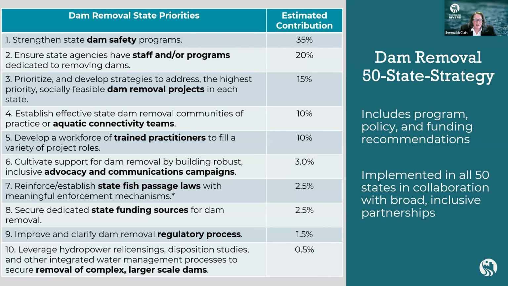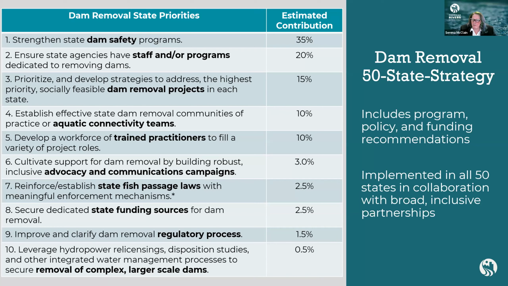And what we've seen over time, through the leadership of VNRC and the Nature Conservancy and a host of other wonderful, fantastic partners, is that the state of Vermont has been able to increase the rate of dam removal in the state by over 400%. In fact, Vermont actually leads the nation in the number of dam removals per capita. I think of it as a very small but mighty state.